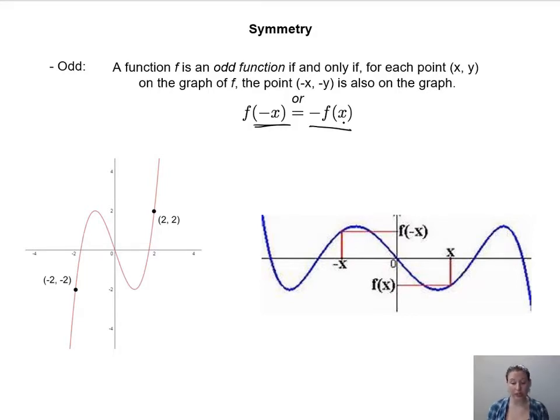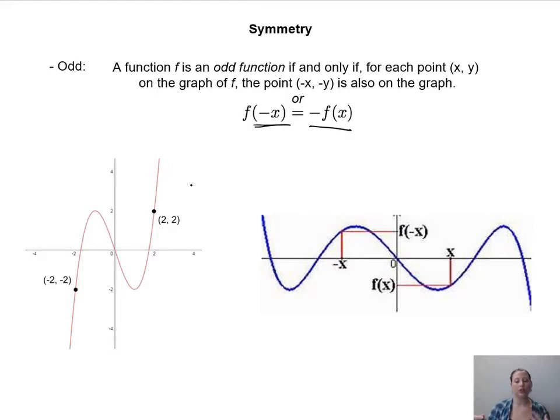So if we look at these two graphs, plug in x, get f of x, plug in negative x, get negative f of x. That seemingly works on this one and on this one over here. Another cool thing to think about is that this is symmetrical about the origin.